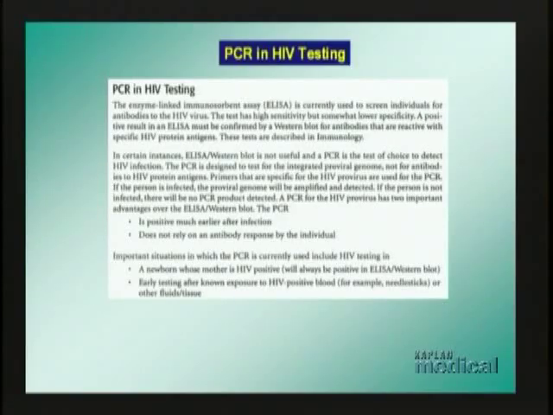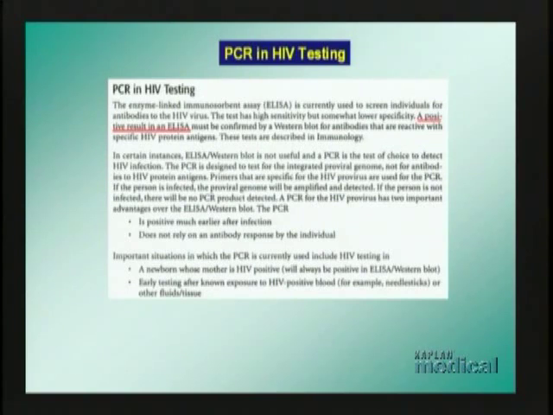So now another technique, another procedure in which PCR reactions are used is for HIV testing. So if someone comes into the clinic and they want to be tested for HIV, the first technique that's generally used is ELISA assays.